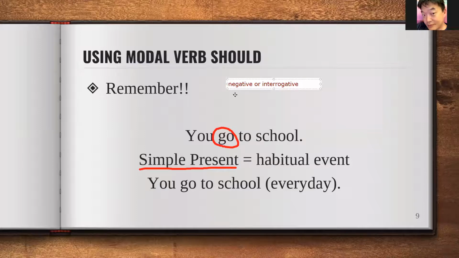You have to use the helper verb. You need a helper verb. What verb comes to help you? Do or does when it's simple present, right? So that's the difference.